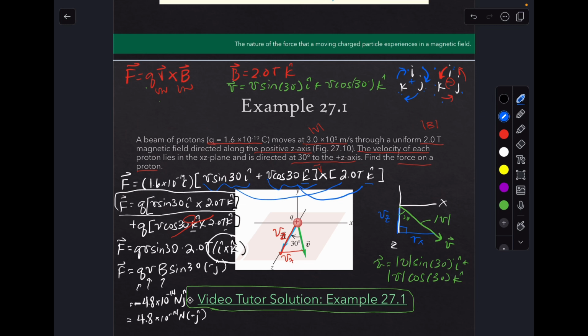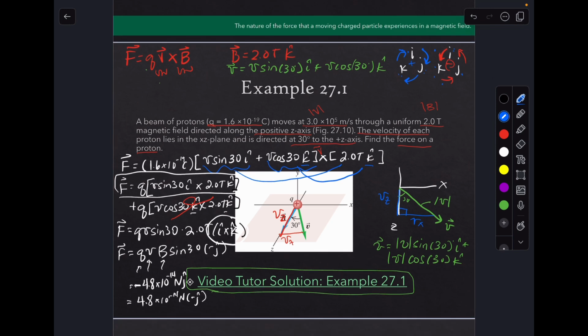So this example is just using QV cross B, and revisiting your cross product rules from chapter 1.